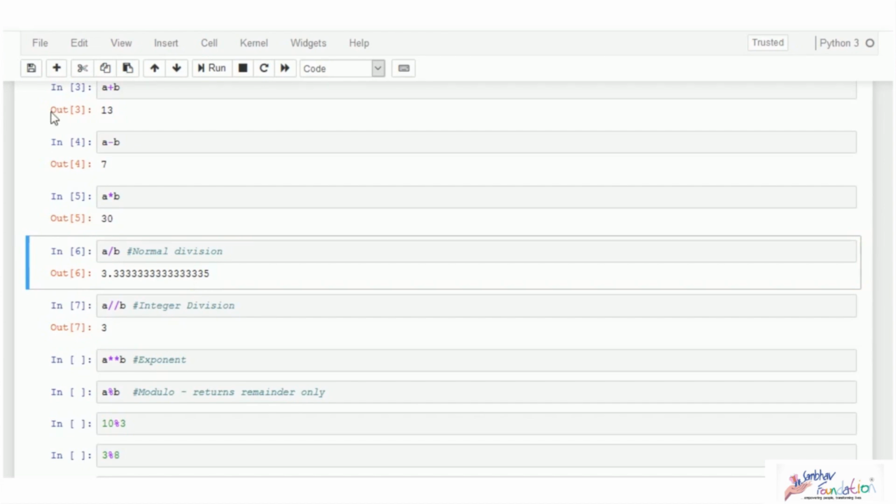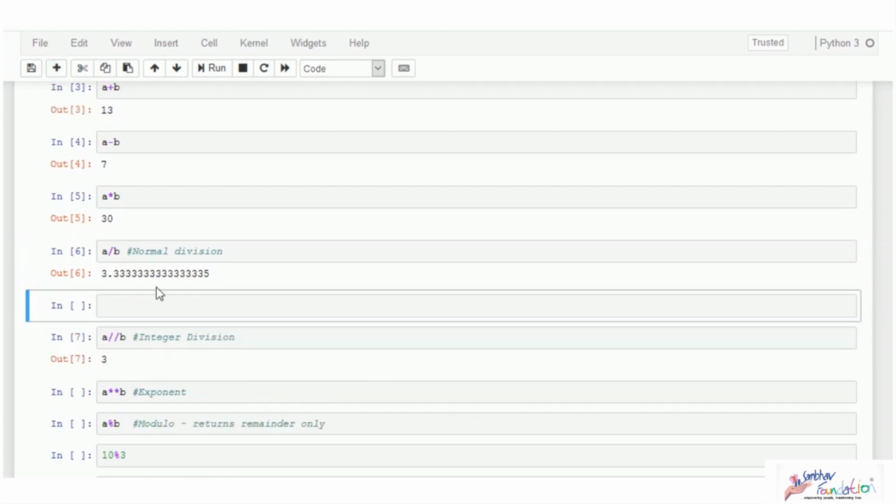I would have to give something like float of a by b. So I have to manually convert the type in Python 2, but in Python 3 it is automatic. This is one of the differences in Python 2 and Python 3.